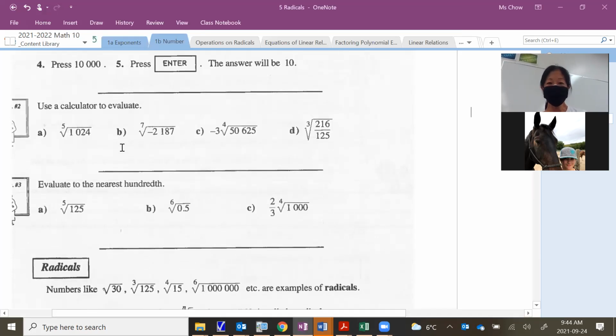Let's take a look. Would you try B for me, the seventh root of -2,187? Then let's try B, C, and D, please.